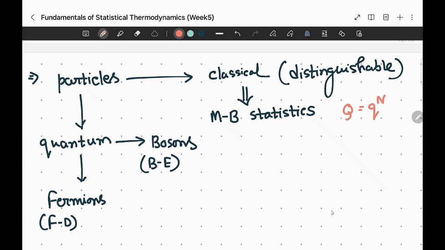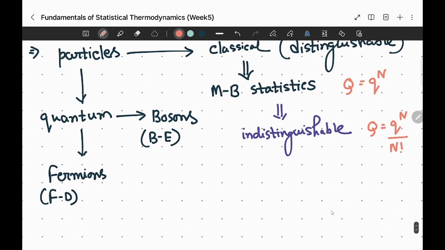Then only, under that consideration that these particles are indistinguishable, can you write Q is equal to q to the power N by N factorial.